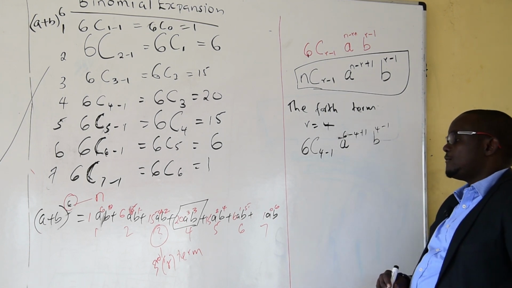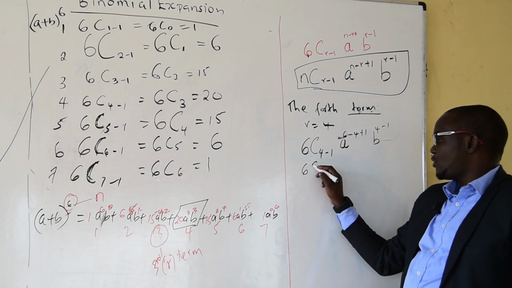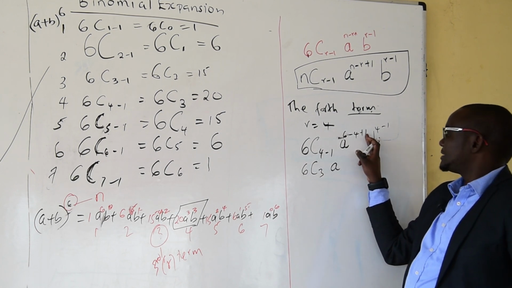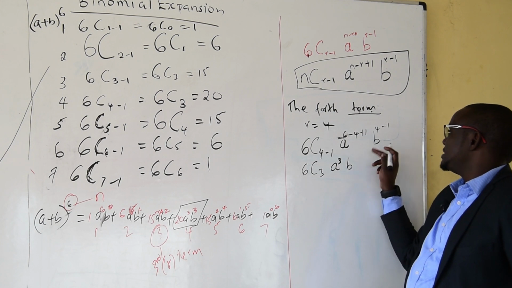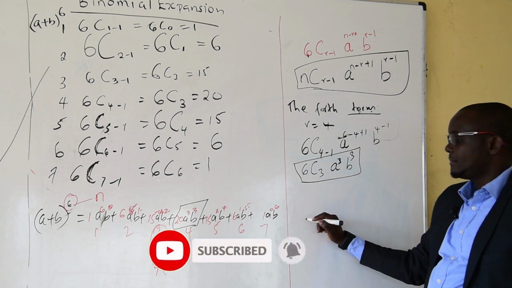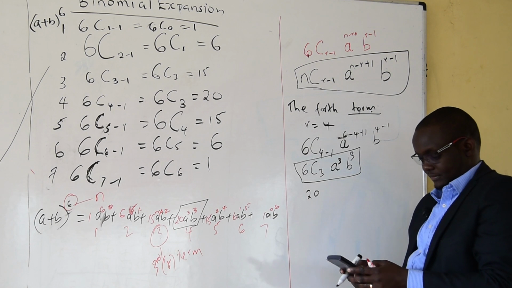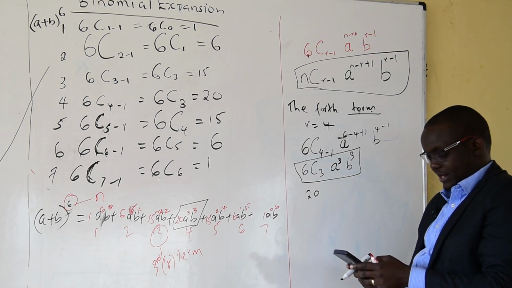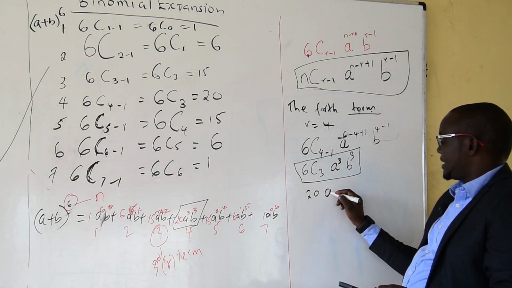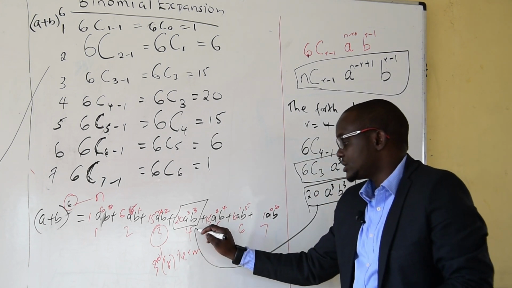So that means here I get 6 combination 3. I get a to the power 6 minus 4, which is 2, plus 1, which is 3. Then I get b to the power 4 minus 1, which is actually 3. 6 combination 3 is actually 20. You can do that using your calculator. So we have 20 a power 3, b power 3. You look at this, it's exactly what we got here.